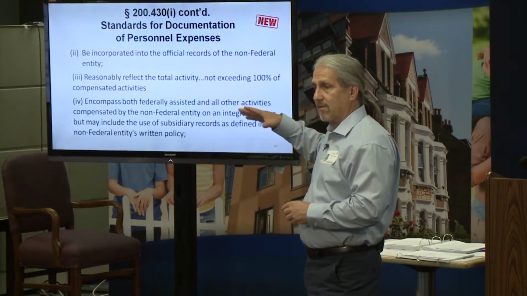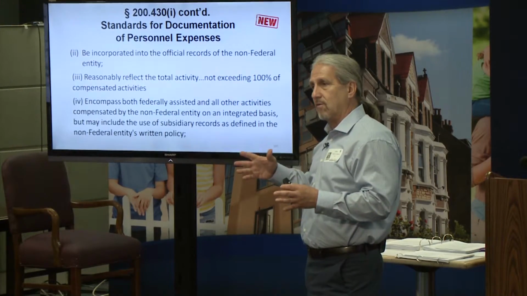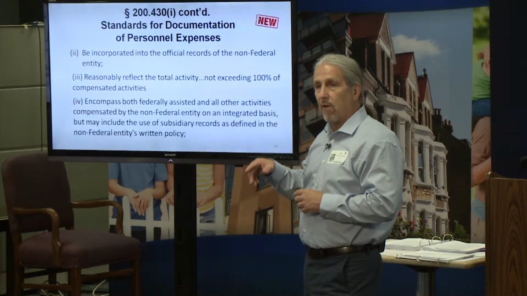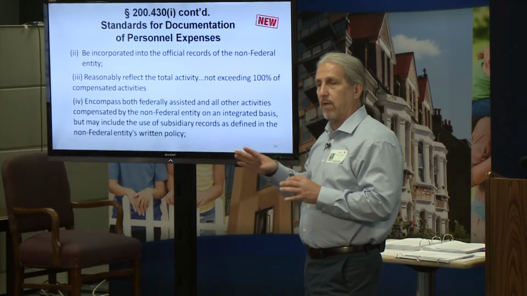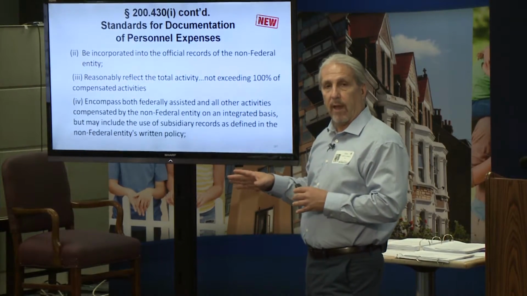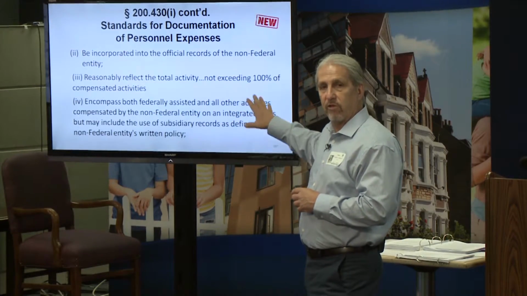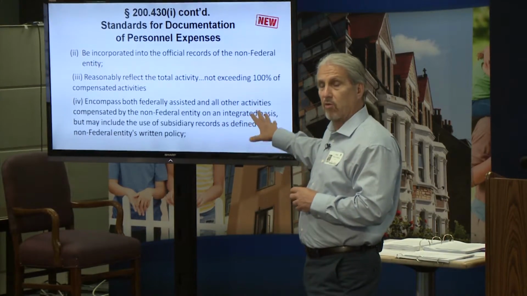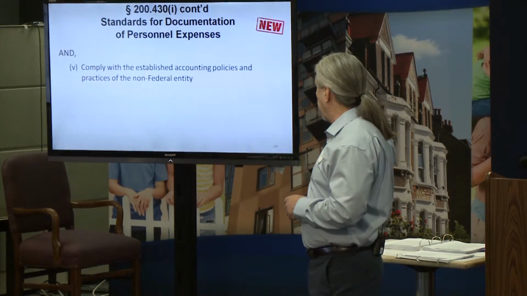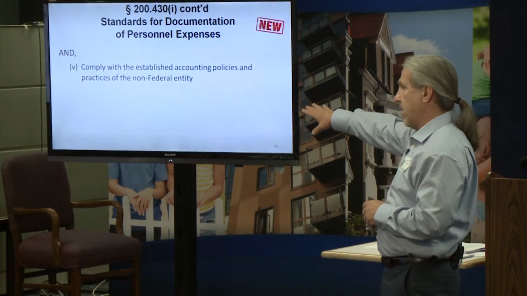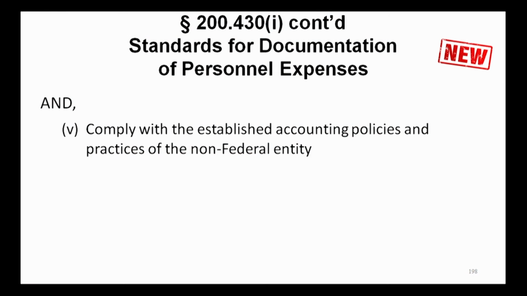So if you look at the side-by-side in this, you could see the prescriptive language for personnel activity reports, and all of that has been removed, and now we have just these general standards. So as long as we meet these standards, we're going to be okay. Oh, and then the last one, number 5, was comply with the established accounting policies and practices of the non-federal entity.